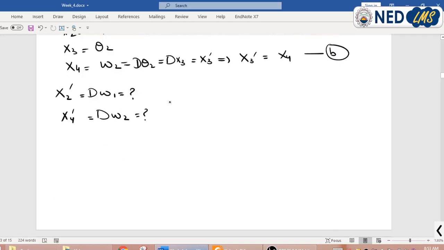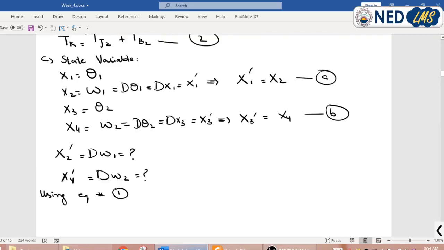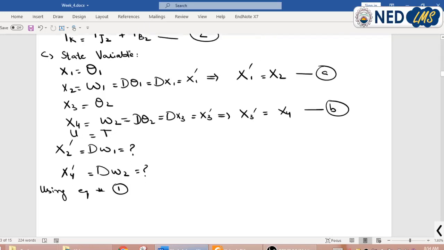So for x2 dash, I will be using equation number 1. Okay, we have to define a state variable for the input as well, which is u equals T. Input torque is basically represented as u.